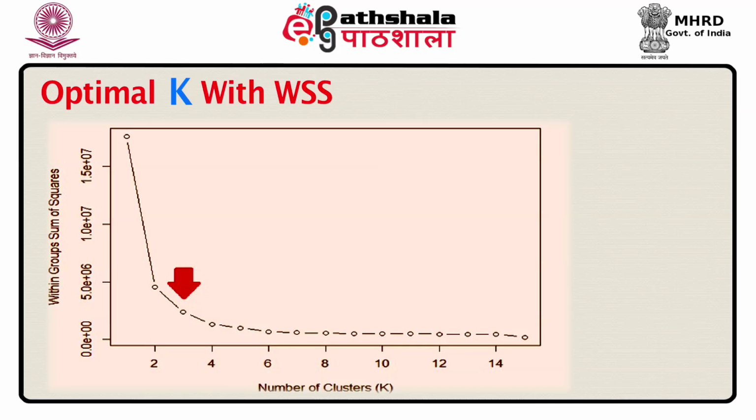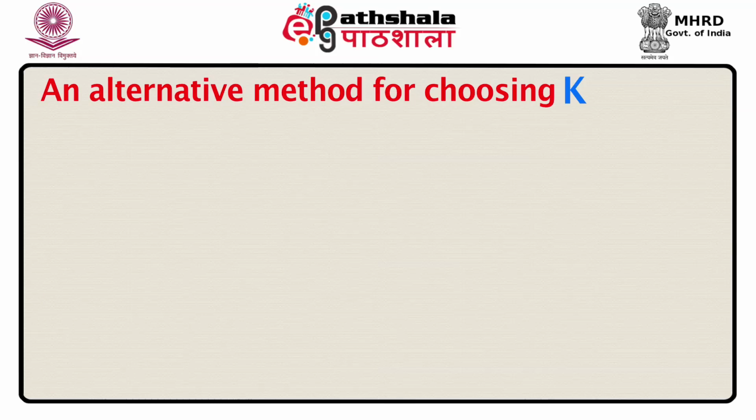If you look at this diagram, this is a plot of Wk against K, and you can see that at around 3 or 4 the decline becomes gradual. So you can decide on K being equal to 3 or 4 in this case. An alternative method of choosing K is the Calinski and Harabasz method.